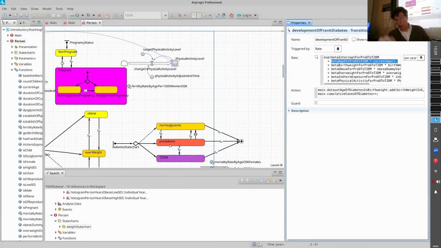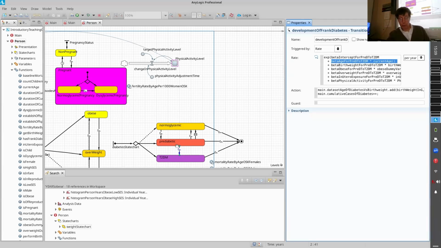So here we have aspects of a person's current situation, their state, which are evolving, and aspects of their transitions, which depend on that.